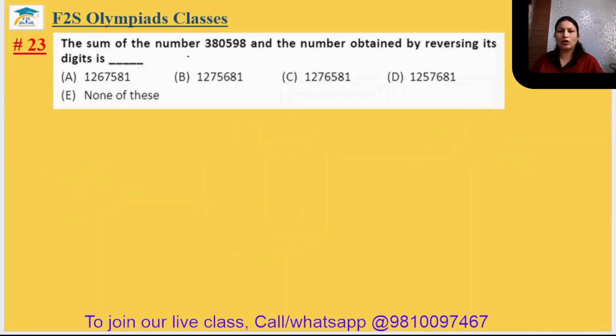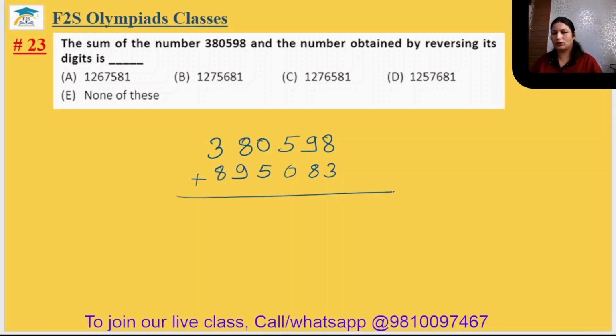23rd. The sum of the number 385,098 and the number obtained by reversing its digits is... So first write the number 380,598. Reverse the number means write the number from right to left. So here it will be 895,083 and add both of them.